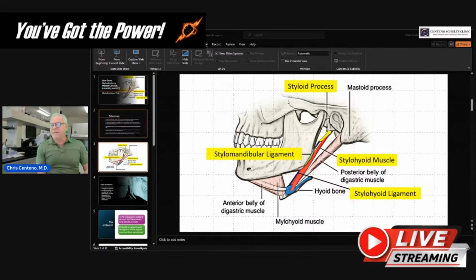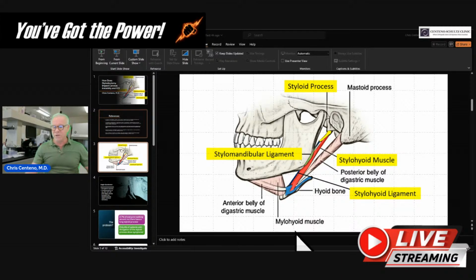And realize that the styloid is an anchor point for the skull into this anterior neck stability system. So we've got all of these muscles up front here, the sternocleidomastoid, the sternohyoid, geniohyoid, all these others that jack into this hyoid bone and that provide stability in the anterior neck.